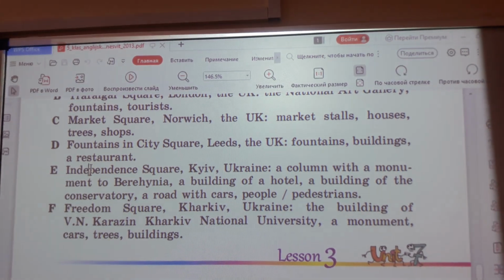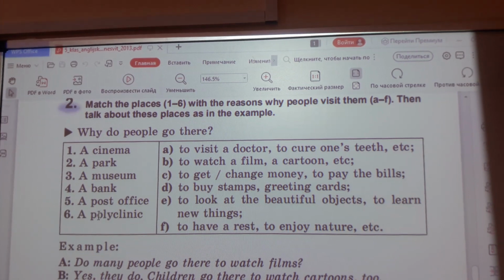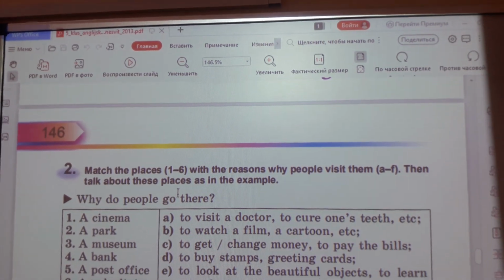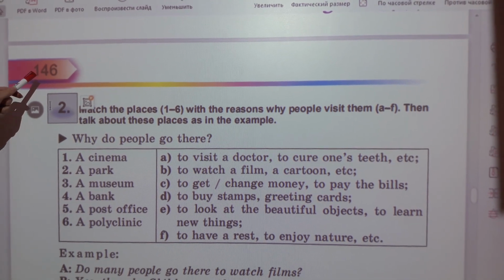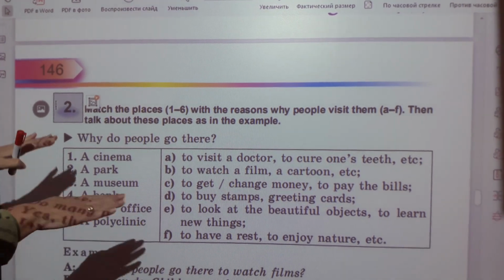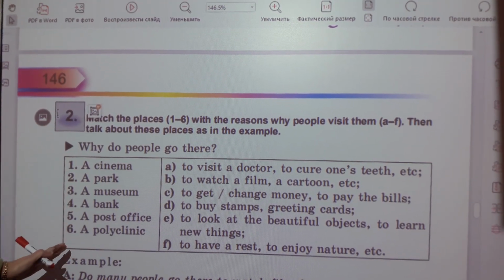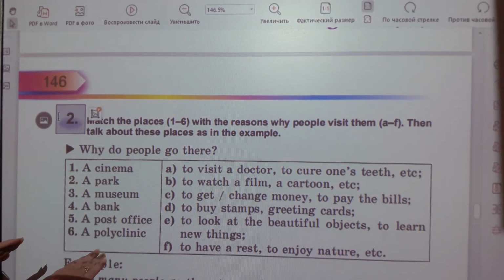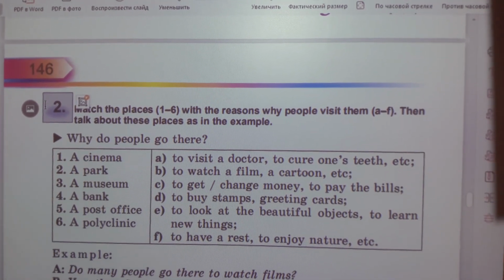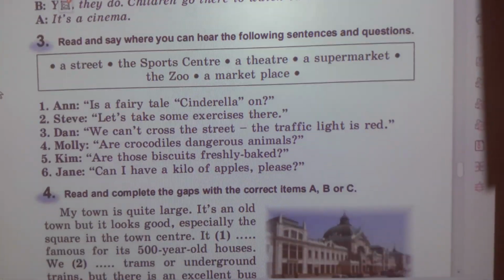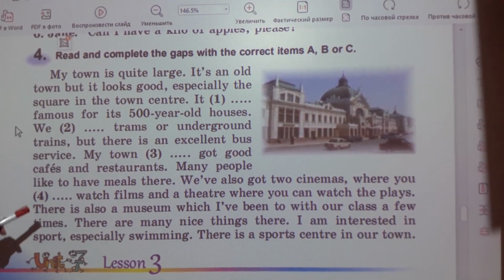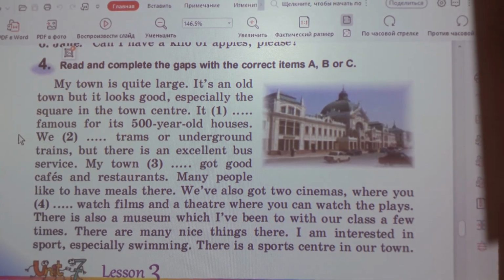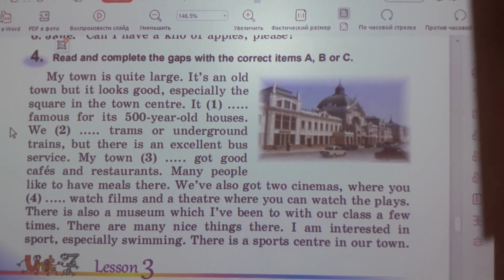The next tasks you are going to do at home are exercise 2 on page 146. You have to match the places and the descriptions, what you can do in those places. And exercise 4, to read the text and complete the gaps with the correct items.